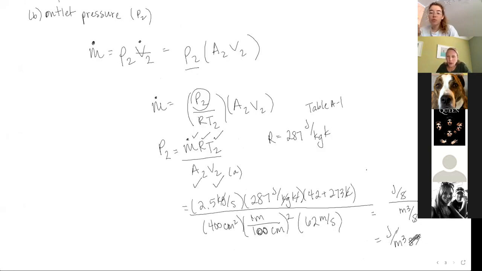Okay, so yes, 1 joule per cubic meter is equal to 1 Pascal.